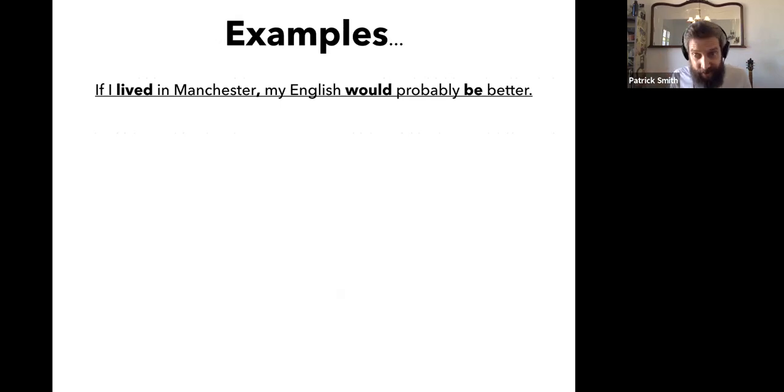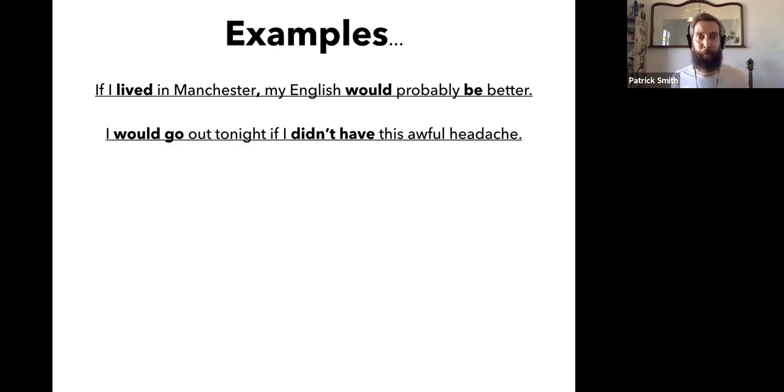If I lived in Manchester, my English would probably be better. So we've got would, then you see the bare infinitive, be. Would be, not would to be. In this case, I put an adverb, probably, to add this idea of a bit more doubt, but absolutely perfect. My English would probably be better. Wonderful, nice clear example, second conditional.